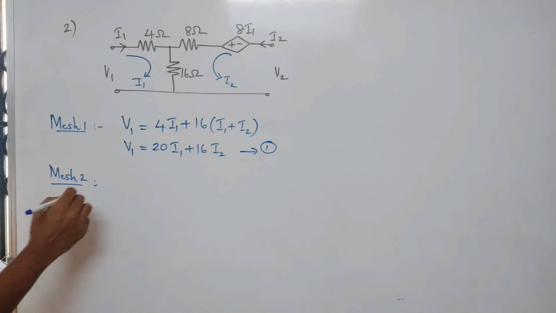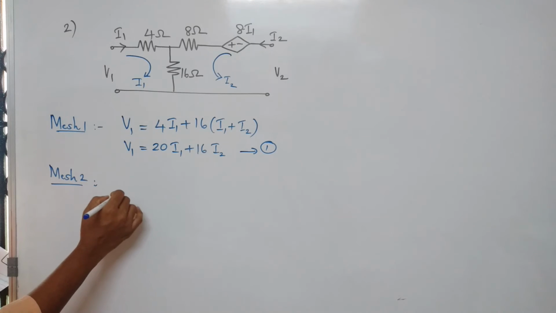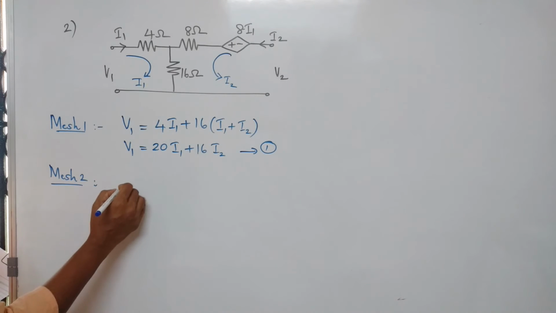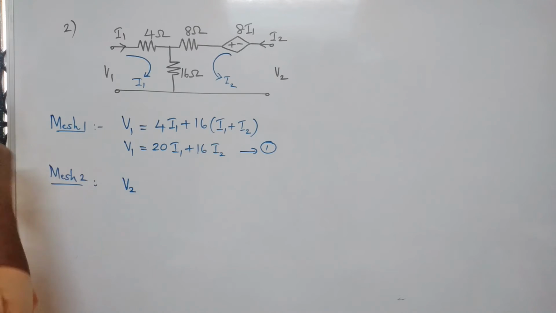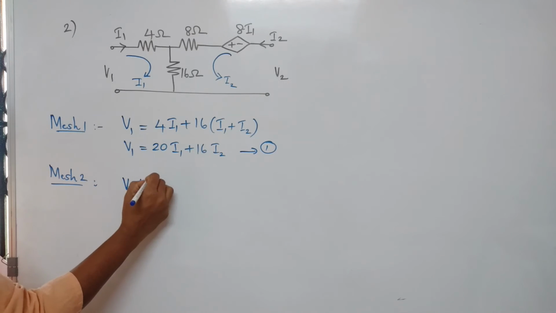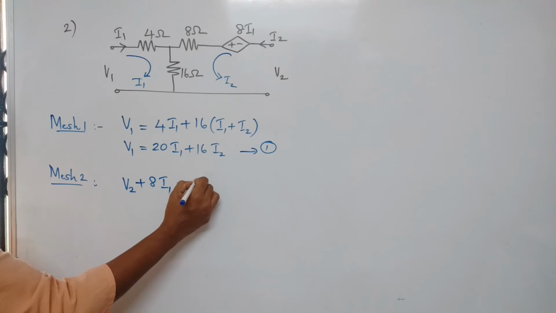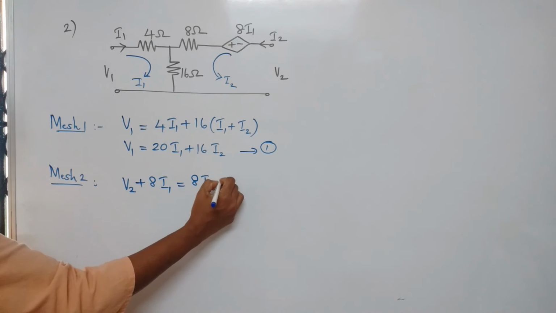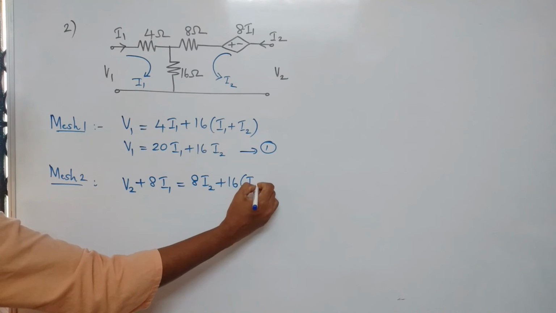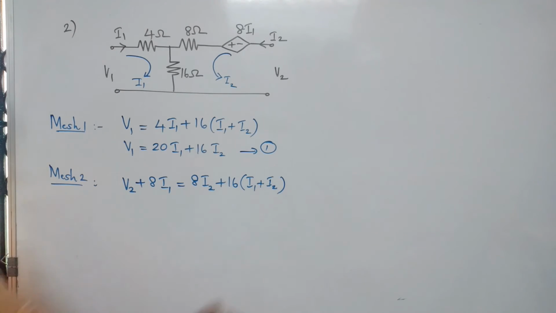Mesh 2 will be V2 plus 8I1 is equal to 8I2 plus 16 into I1 plus I2.